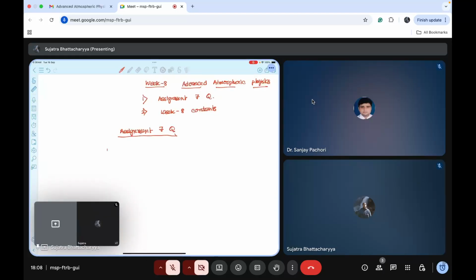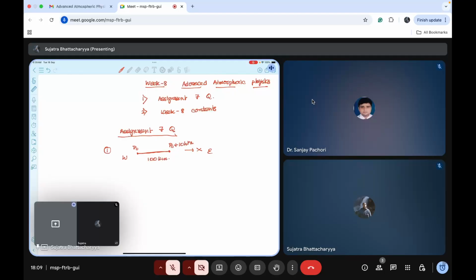So we know that if your pressure gradient is in, say, the x direction, that is the eastward direction, which is east, this is west, and the distance between them is 100 kilometers. Here it is, suppose, P naught, and as you go towards the east by 100 kilometers, it becomes P naught plus 10 hectopascal.